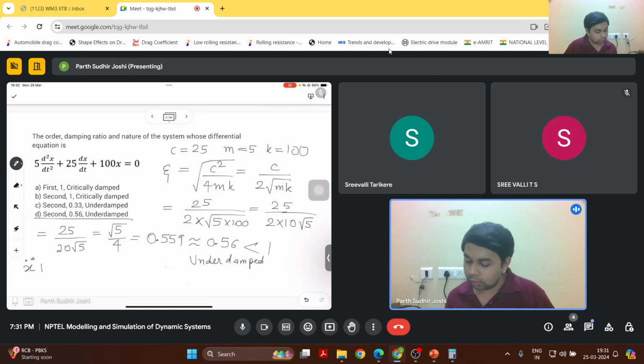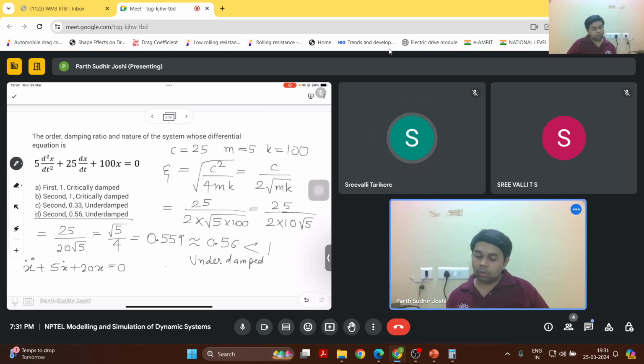I'm writing it in a shorter form for the space. This is the usual equation for a second order system.